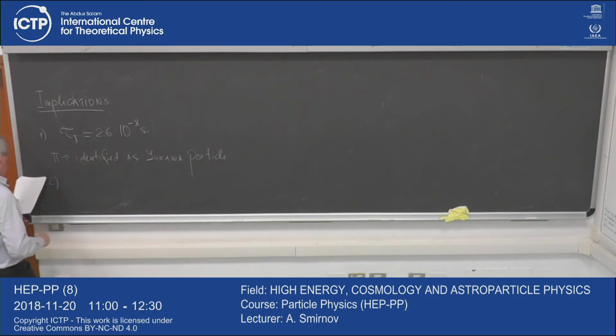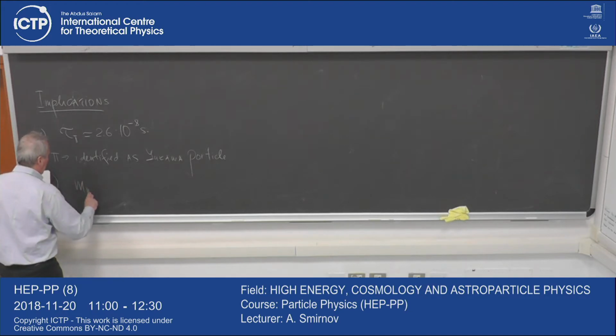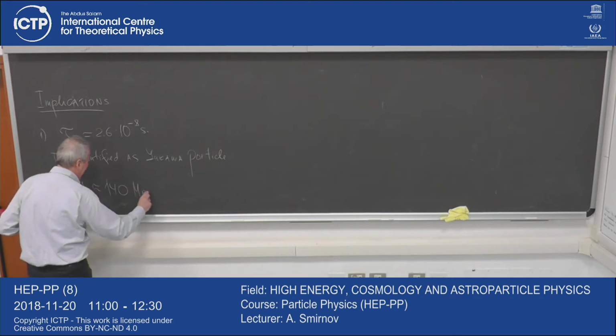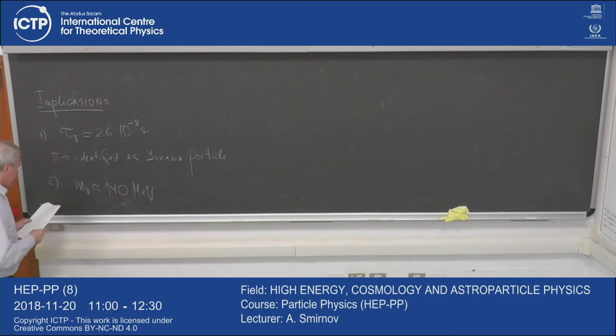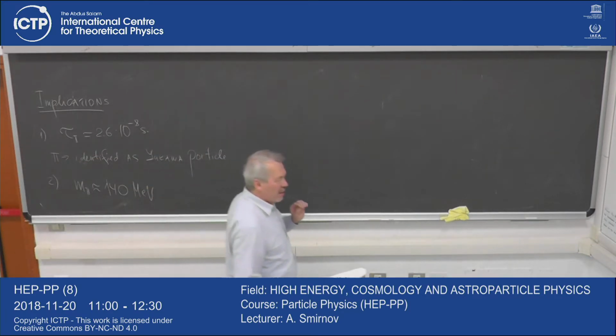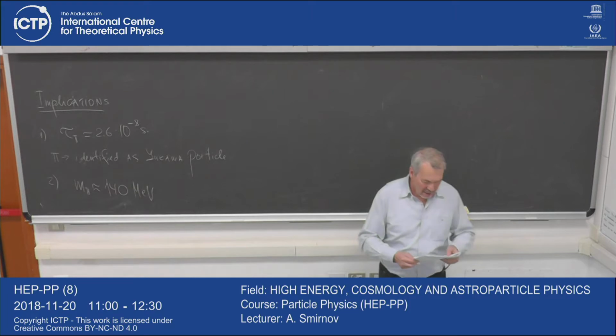Second is that the mass of the pion is approximately, as I said already, 140 MeV. So what is special about this quantity? Look how many things actually come out of this.